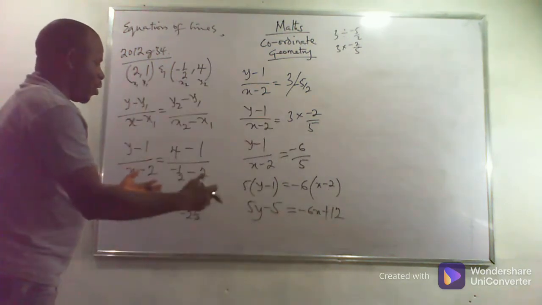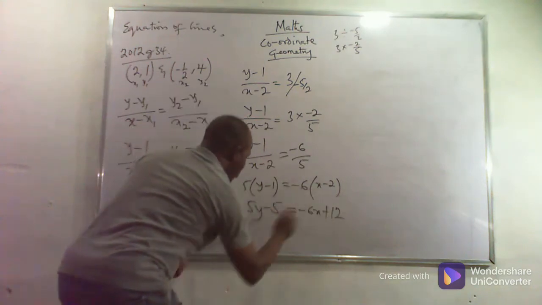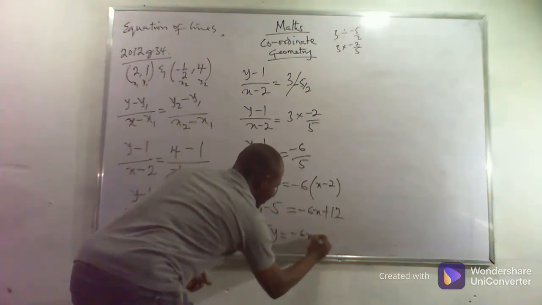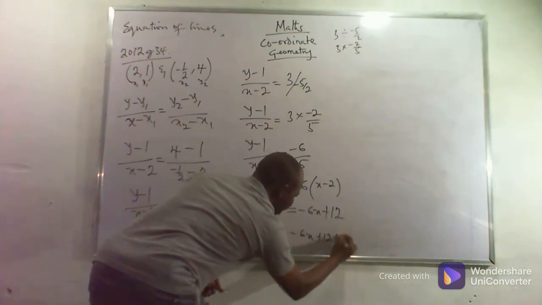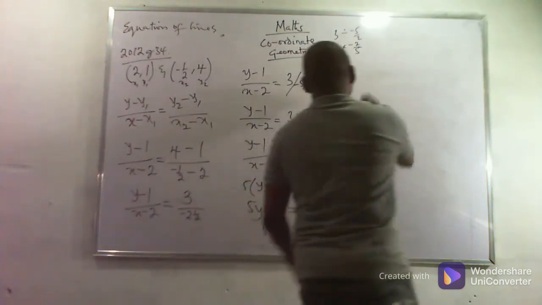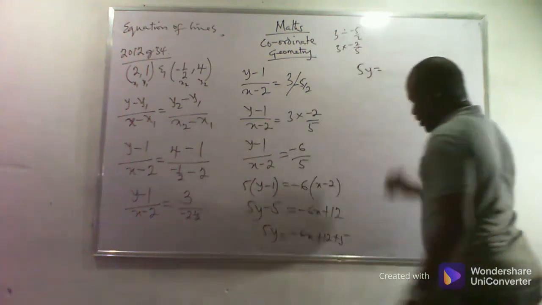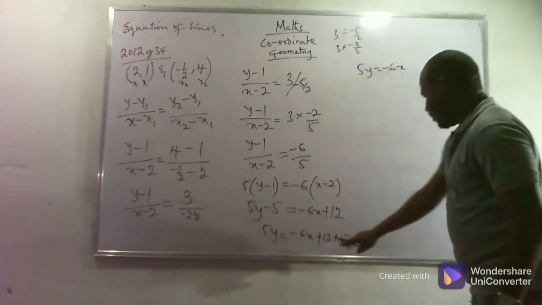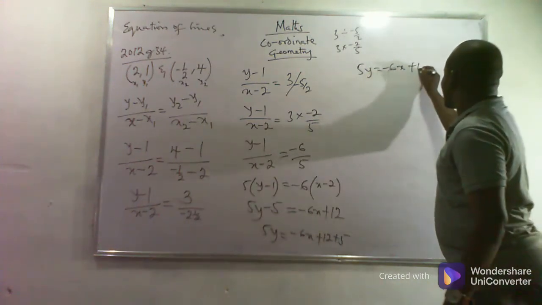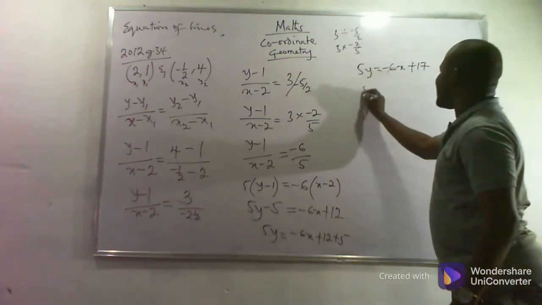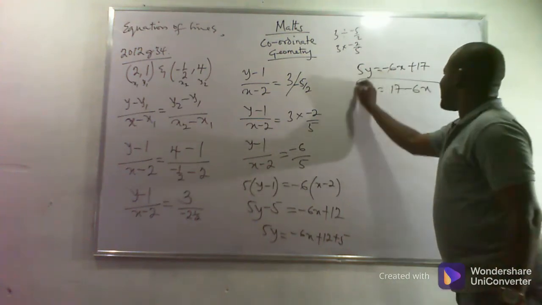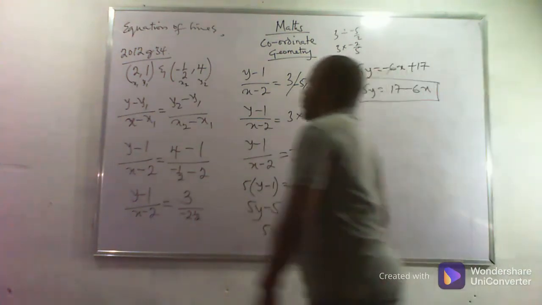Collect like terms. This one will move here. So you have 5y equals minus 6x plus 12 plus 5, so 5y equals minus 6x plus 17. So you can rearrange as 5y equals 17 minus 6x. This is the equation of the line.